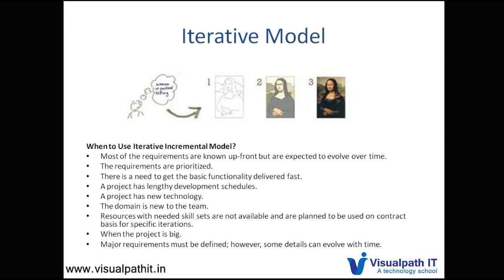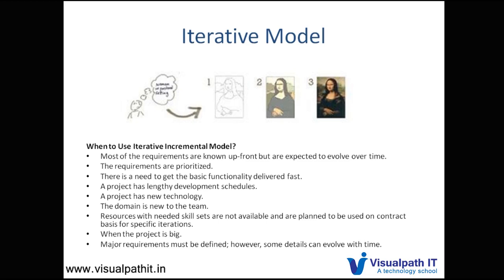So the thing is, when can we use the iterative model? We can use the iterative model when we know the requirements upfront, but we are expecting them to evolve. Like I told you, overall we know the requirement, we understood the requirement completely, but we are expecting minor changes later in the project.